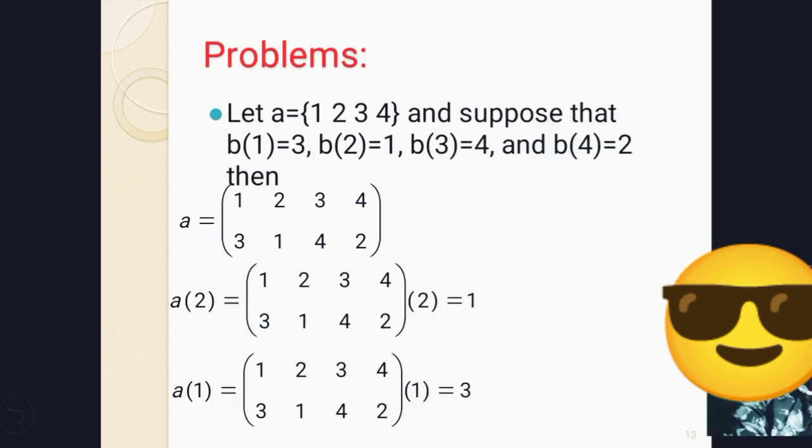Problems. Let A is equal to (1 2 3 4), and suppose that B of 1 is equal to 3, B of 2 is equal to 1, B of 3 is equal to 4, and B of 4 is equal to 2. It's a very simple question.